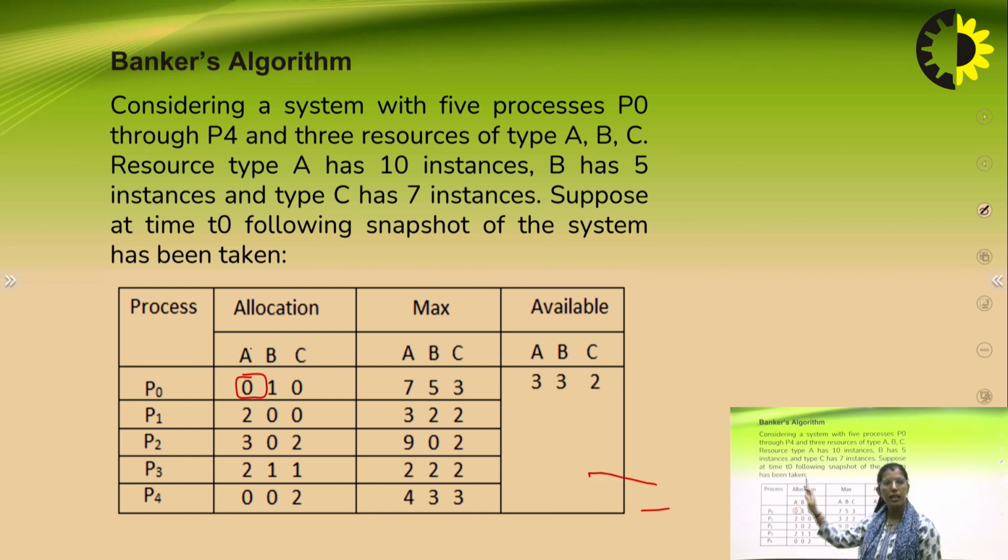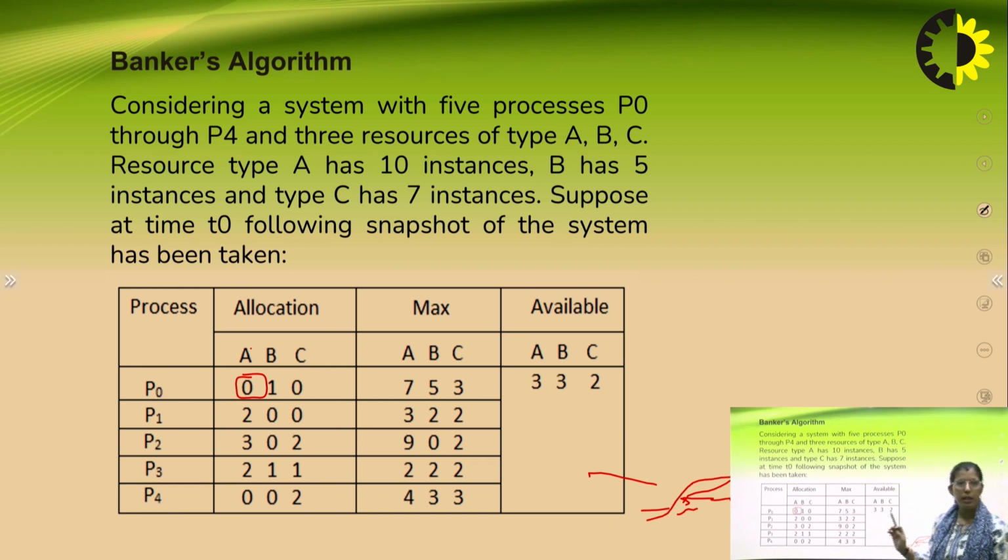Allocation is representing these many resources are allocated to these processes. Maximum is showing that this process needs a maximum of 7 resources of type A, 5 of type B and 3 of type C. So that is how this table shows.